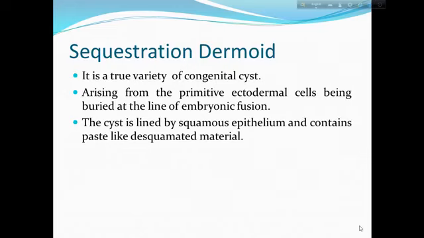What is sequestration dermoid? It is a variety of congenital cyst arising from the primitive ectodermal cells being buried at the line of embryonic fusion. The cyst is lined by squamous epithelium and contains paste-like desquamated material.